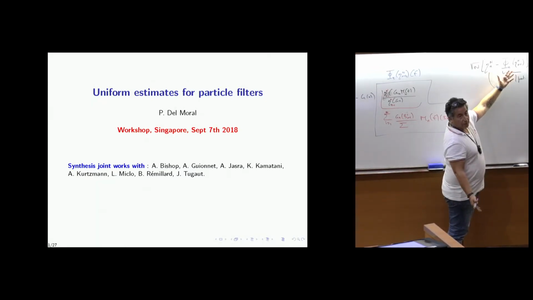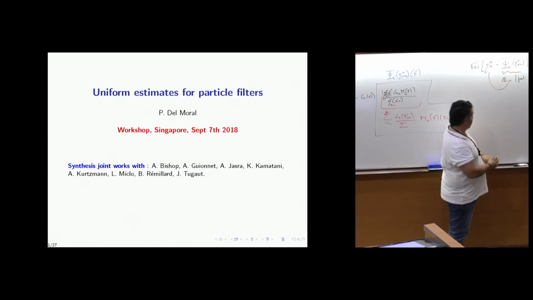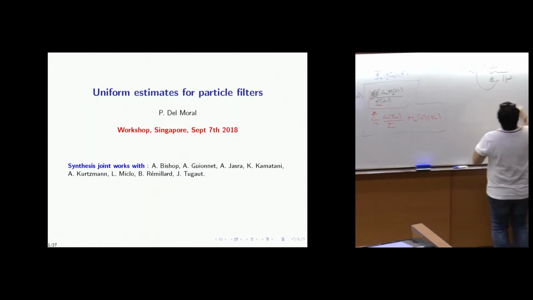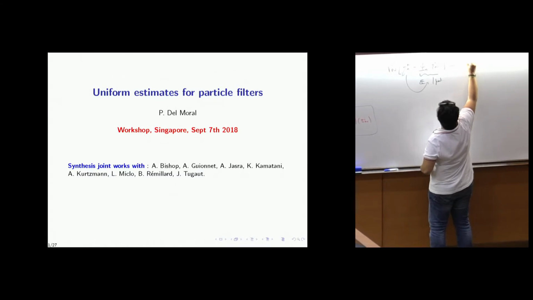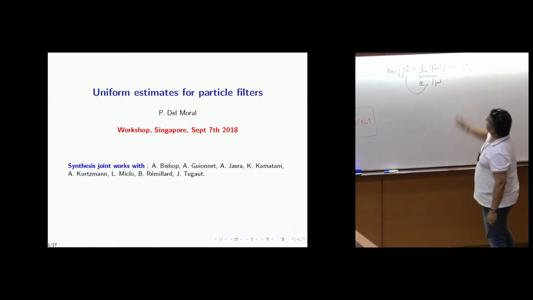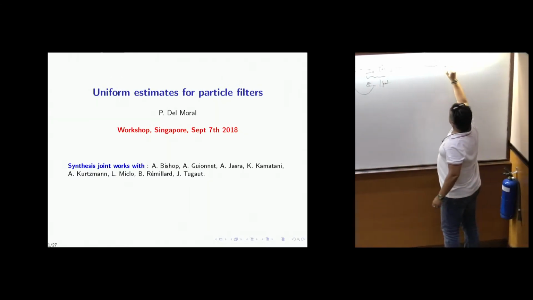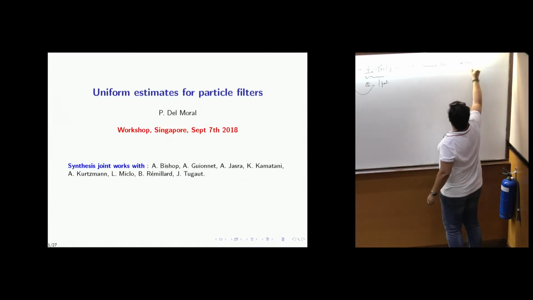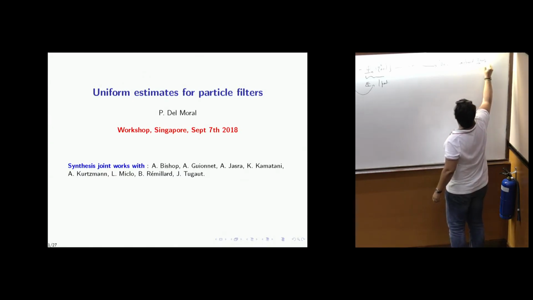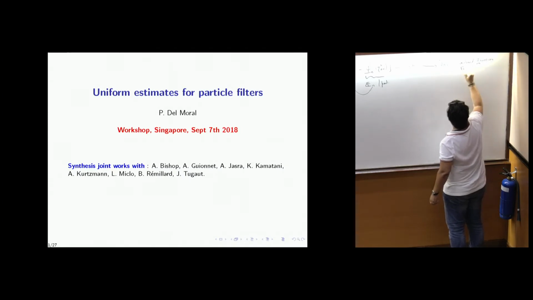So it's the law of large numbers, the CLT, that tells you that this guy, if you call it like that, converges to some centered Gaussian random field.